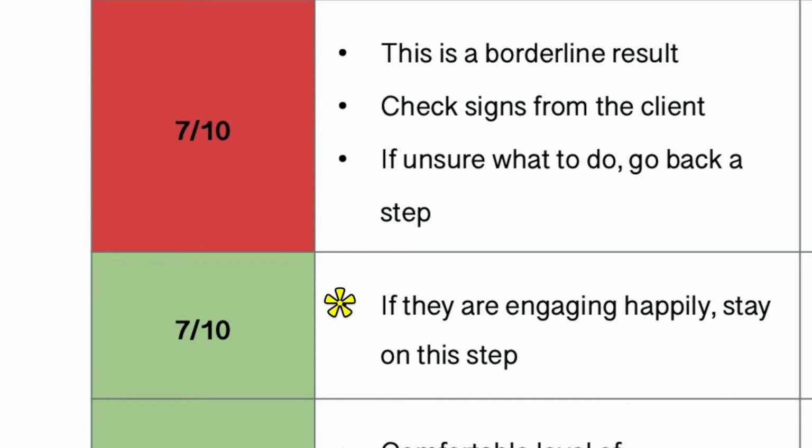If you've got a really engaged client who's quite resilient, who's never had a meltdown, who's very cooperative, you might persist at 7 out of 10. But if at 7 out of 10 they don't seem happy, they're complaining, they're going, oh, can I do something else? It's okay to go, yeah, this really is hard, 7 out of 10. That's why you'll see it as red and as green.